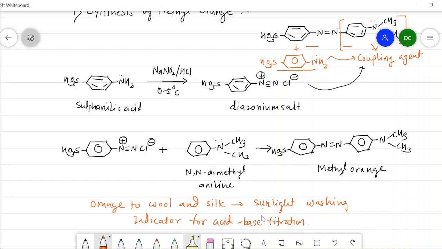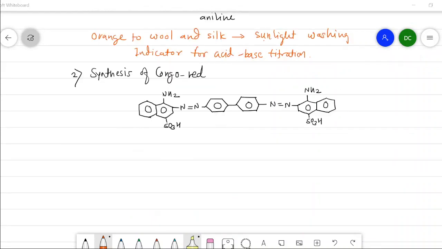Now we will see the synthesis of Congo red. First of all, we will see the structure of Congo red. Now, here there is a N double bond N, and here also a N double bond N. Therefore, it is a bis azo dye.